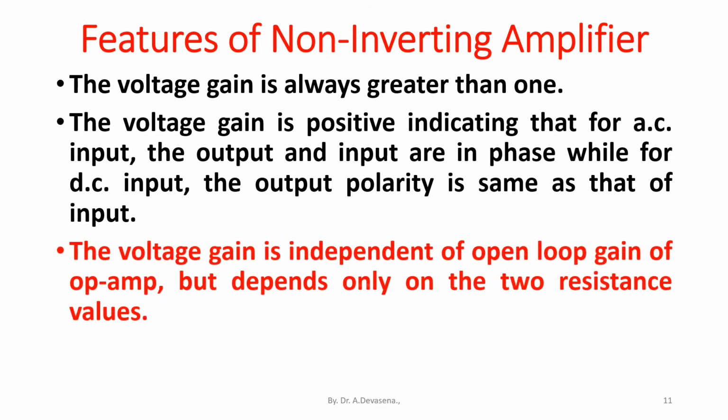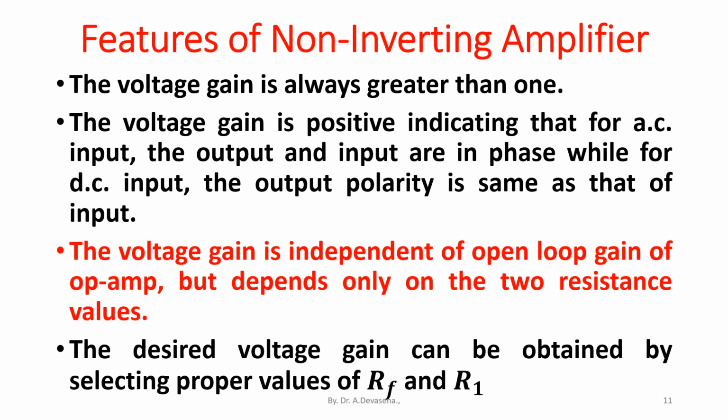The voltage gain is independent of the open loop gain of the op-amp, but depends only on the two resistance values. The desired voltage gain can be obtained by selecting proper values of RF and R1.